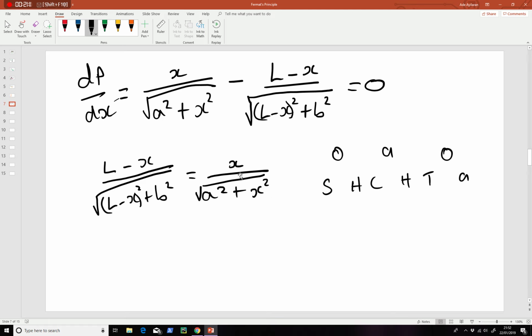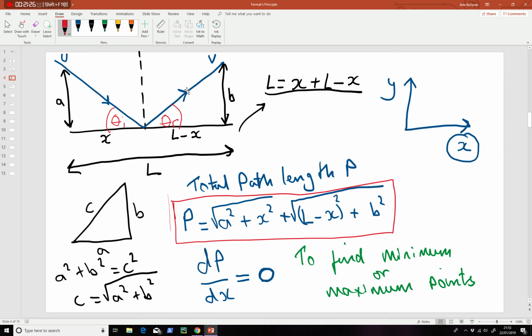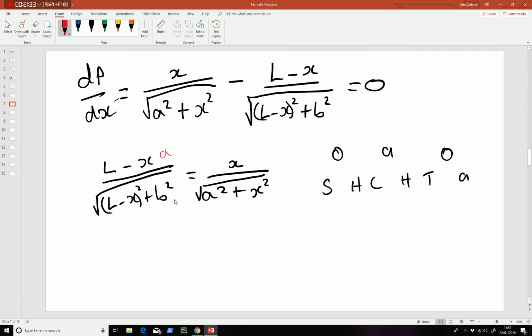So in red pen, I'm going to call that the adjacent. L minus x squared plus b squared all root, that happens to be the hypotenuse of this triangle. So I'm going to write down an h there.